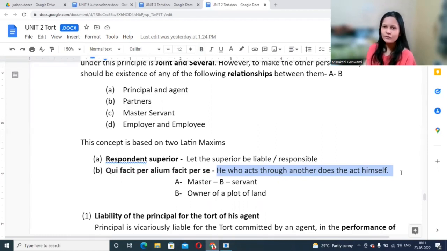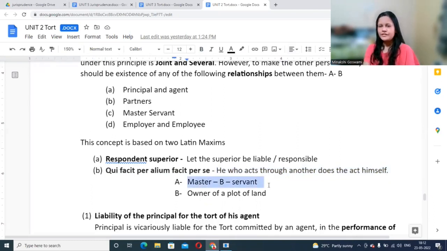It's same as if you have done it, because ultimately it was your idea, your plan and everything. So why should we be making the other one liable who had no other option but to follow your orders, right? So we should rather be making the one liable who directed this entire thing. So this is the second reason why we make the superior one or the other person liable, why we have the concept of joint and several liability.